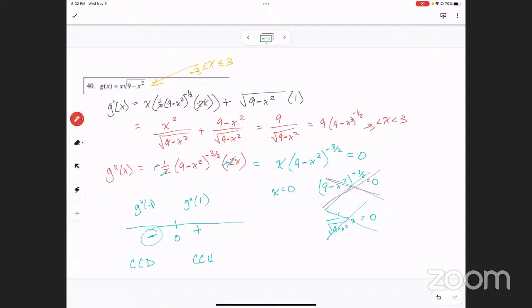What should this have been right here? Oh yeah, that's a big mistake. See that negative there? What should that have been? That should have been a negative x squared. So this really should be minus 2x squared. That's what that should be, right? Yeah. 9 minus 2x squared is what that should have been on the top there.